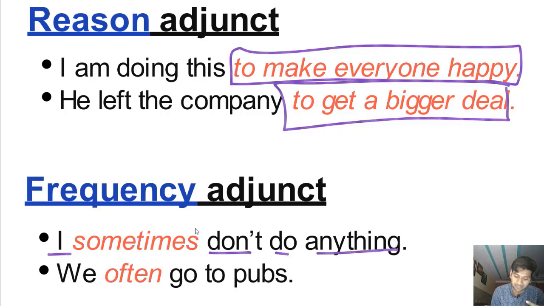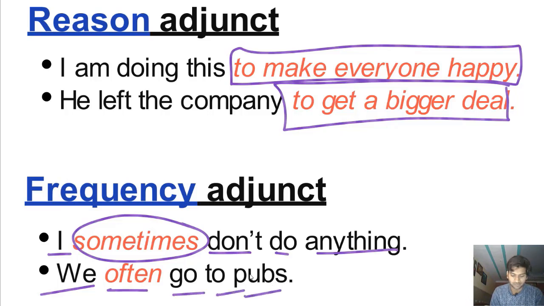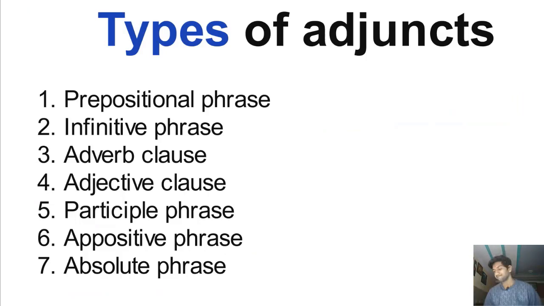How often? Sometimes. I sometimes don't do anything. We often go to pubs. We often do this. I don't know what's going on with the pen. I often go to pubs, right? Frequency adjunct. It talks about at what frequency something happens.